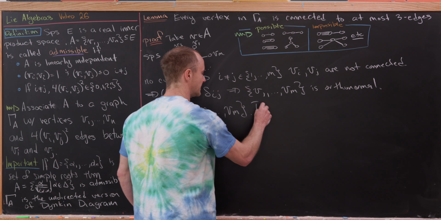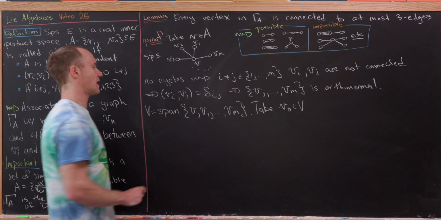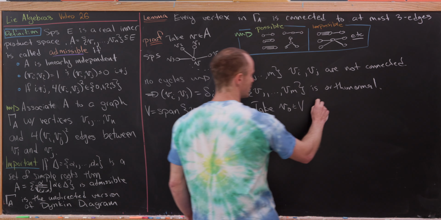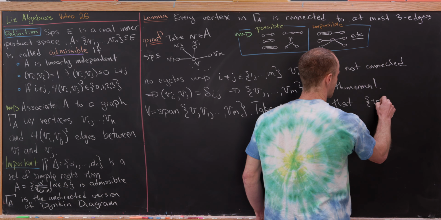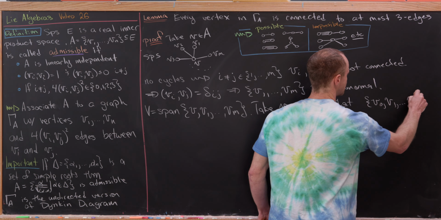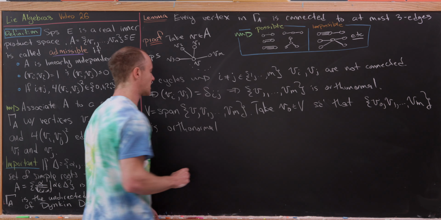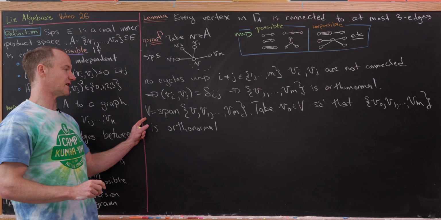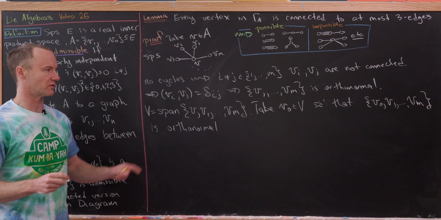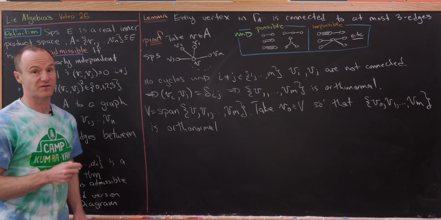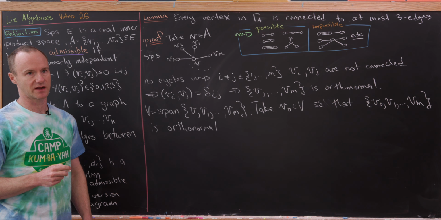And then what we'll do is take a new vector, V0, inside of capital V. So it's going to be a linear combination of the basis vectors here, so that the resulting set, V0, V1 up to Vm, is orthonormal. So we're completing this basis for capital V into an orthonormal basis. The last chunk of it is already orthonormal, so we just have to fix the V part, if you will. And there's the Gram-Schmidt procedure if you want to think about how that's done precisely.